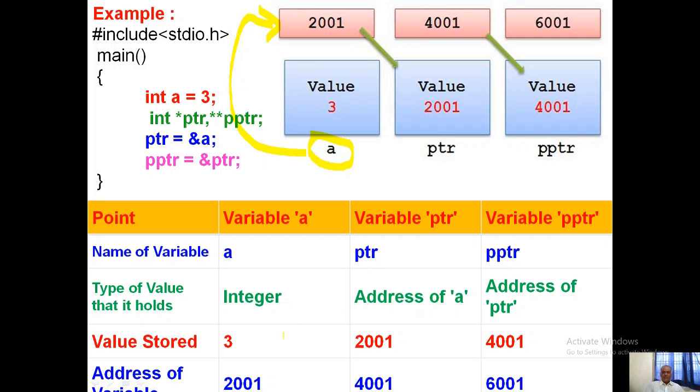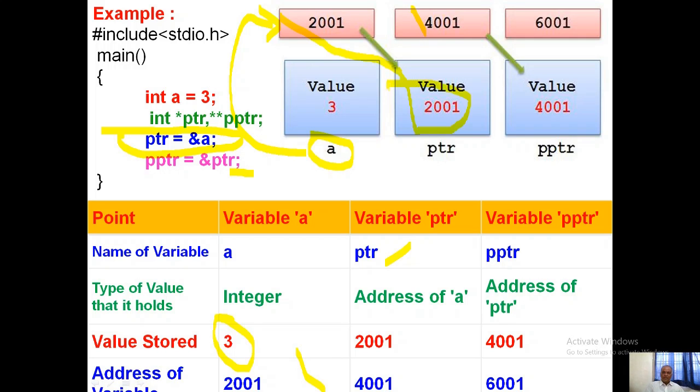So a is holding the value 3, and the address of that variable is 2001. Similarly, ptr is nothing but ampersand a. So what is ampersand a?